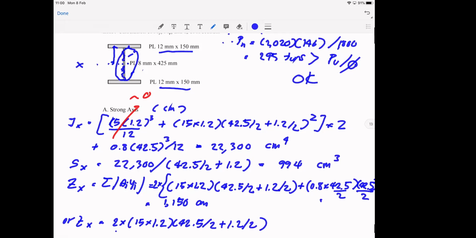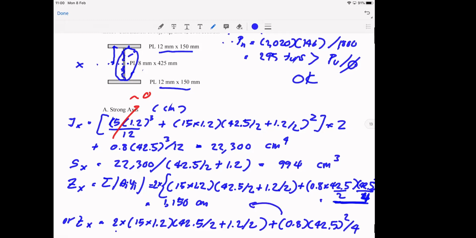So I can also use the formula b d squared over 4 for the web right away. That is my b, my d is 42.5, squared, over 4. Not over 2, sorry, the arm is over 4. That's why when you multiply by 2 here, it becomes exactly the same as that, and that will give you the same answer.